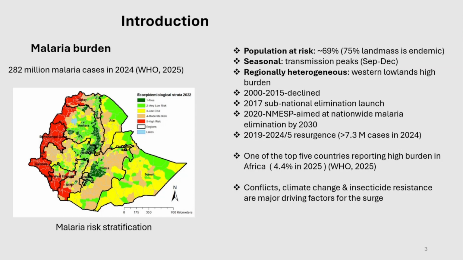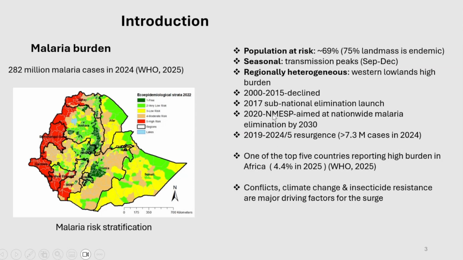Malaria is also heterogeneous in the country. As you can see over the map, the western lowlands are more highly burdened with malaria than the other regions. So generally, malaria is heterogeneous in Ethiopia.